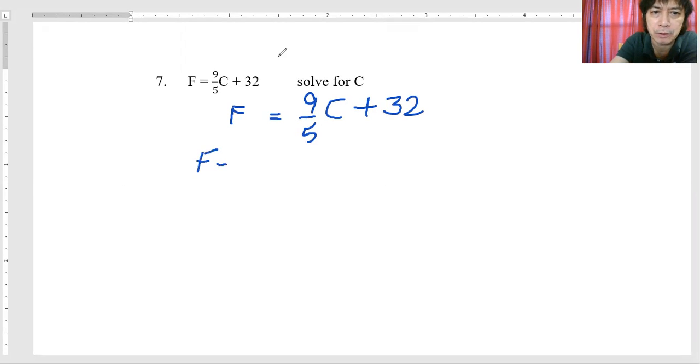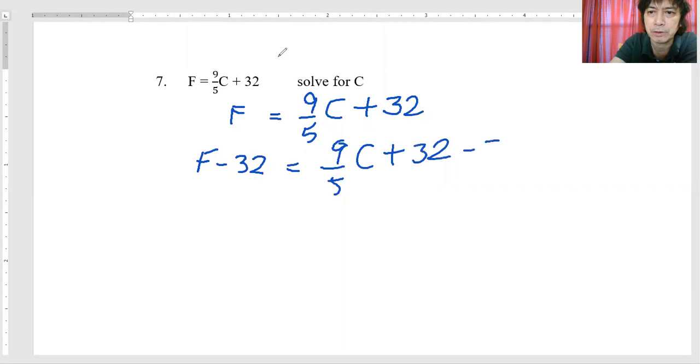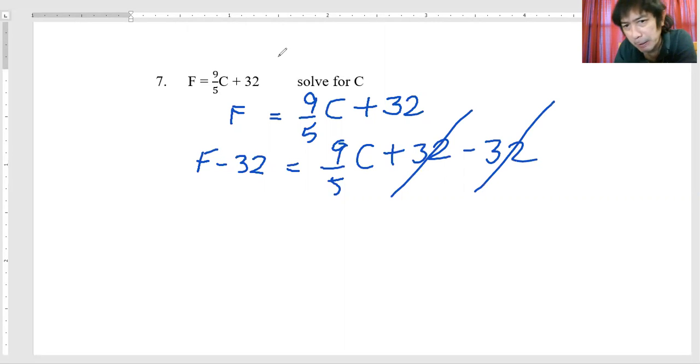F minus 32 is equal to 9 over 5 C plus 32 minus 32. And the 32 is 0 there. You now have 9 over 5C equals F minus 32.